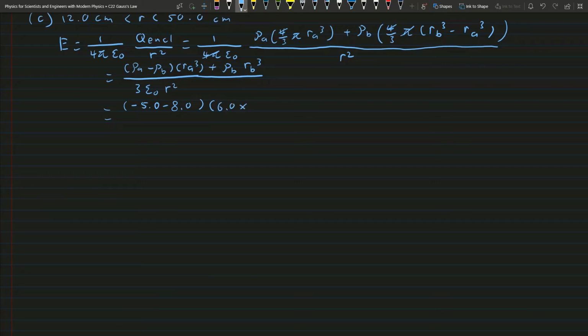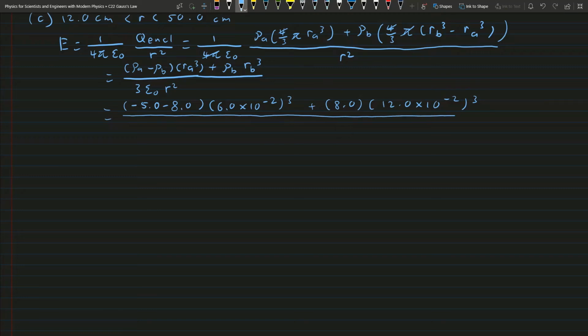This is a 6.0 and multiply with the 10 to the negative 2 cube plus this 8.0. This is 12.0 10 to the negative 2 cube over this 3 8.85 10 to the negative 12, and this is r squared.